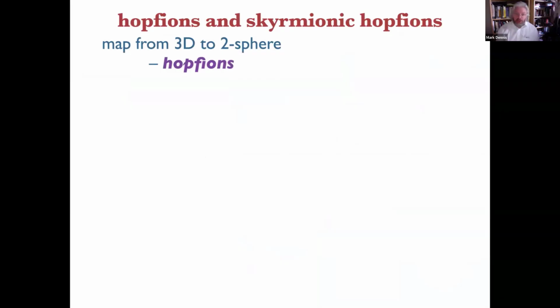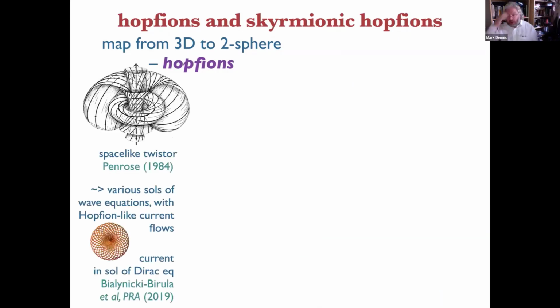people have spent a lot of time thinking about the generalized case that Skyrme had in mind, the 3D case. If we map from 3D to 2D, not from 3D to 3D, we get what are called hopfions. Much of Roger Penrose's ideas in gravitational space-time physics is based on twistors, which are in fact embeddings of this Hopf fibration in relativistic electromagnetic fields.